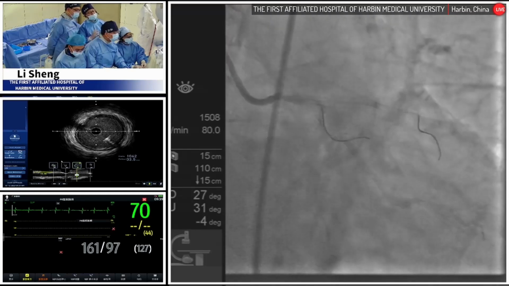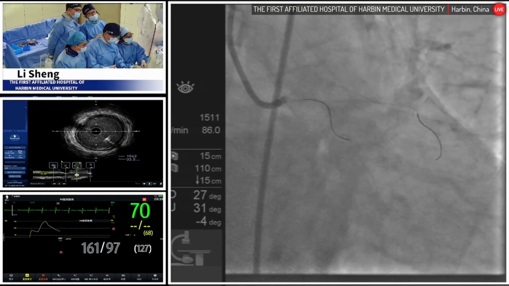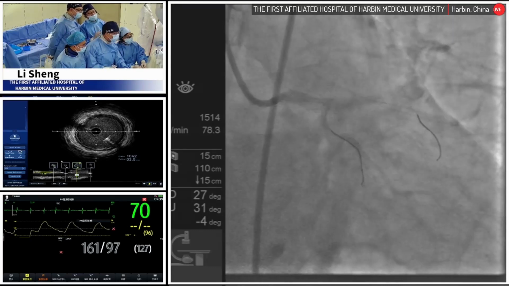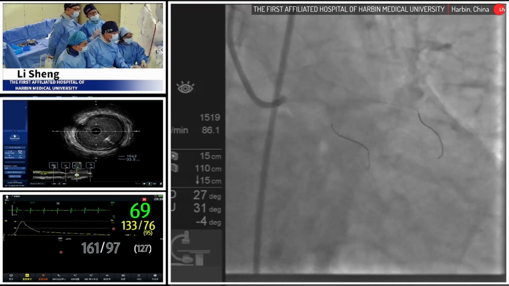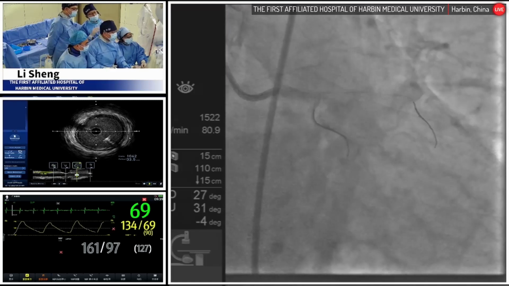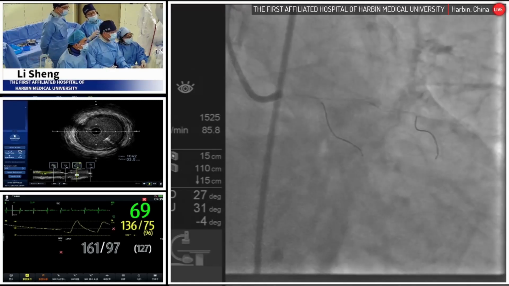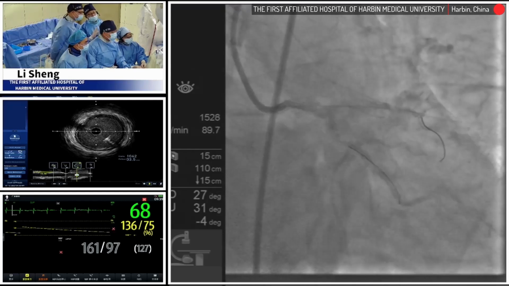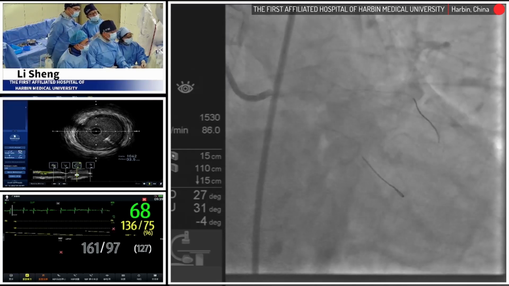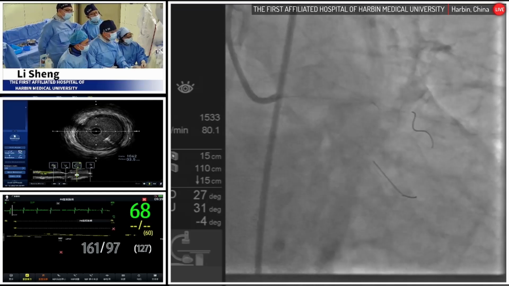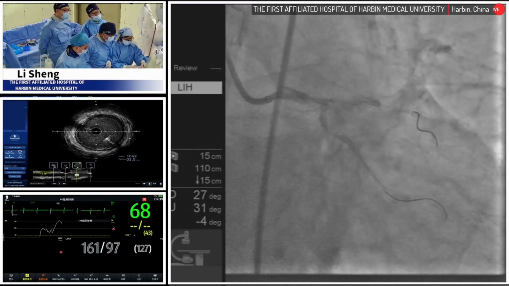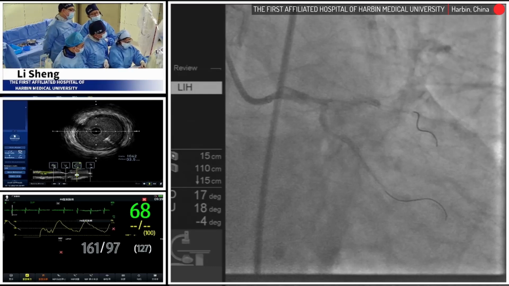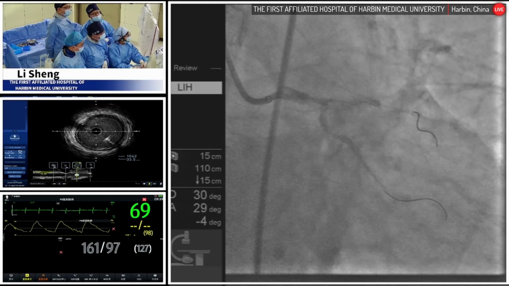So I think there's a difference in vessel diameter between the distal left main and the proximal LAD. Yes, so we chose the stent size based on the reference vessel in the proximal LAD, 3.5. After the stenting, we have to do POT in the left main, with a balloon much bigger than the stent size. That's why Dr. Sheng wants to choose a Resolute stent.